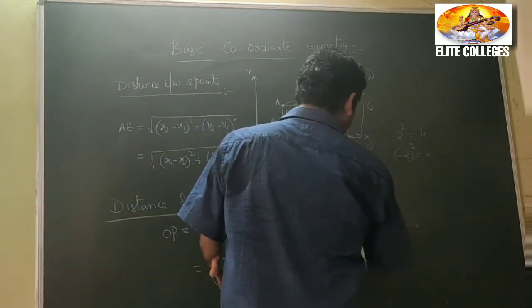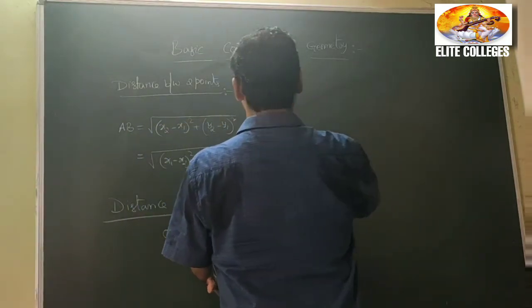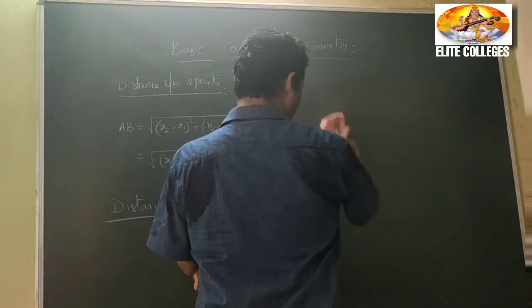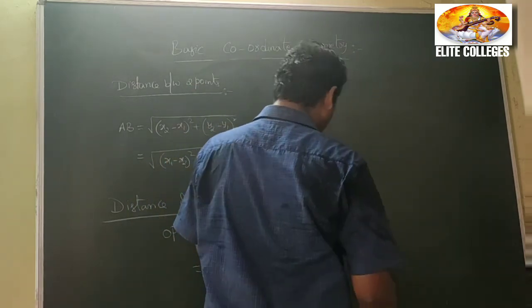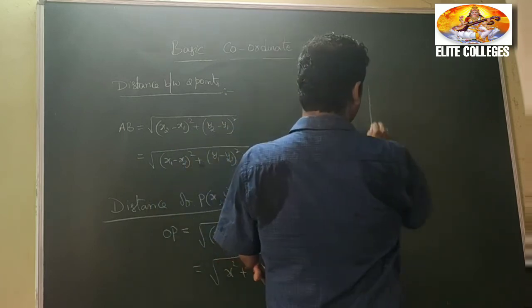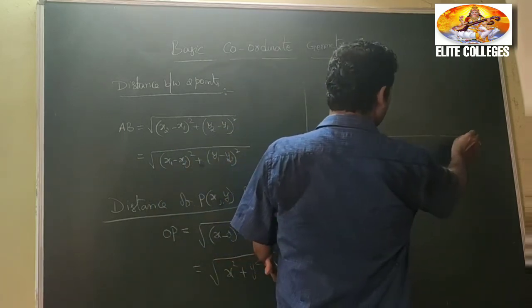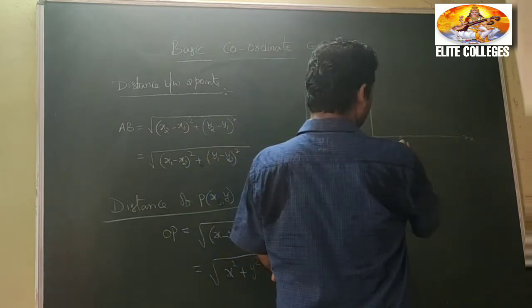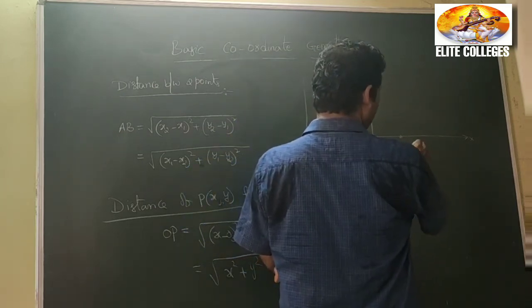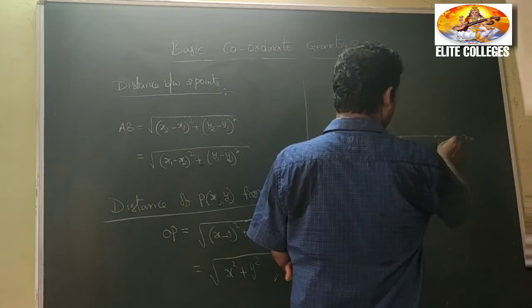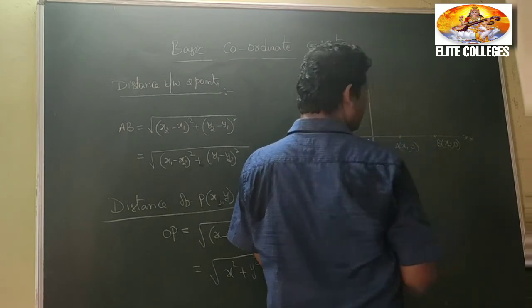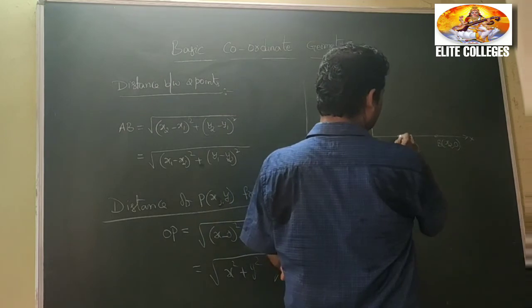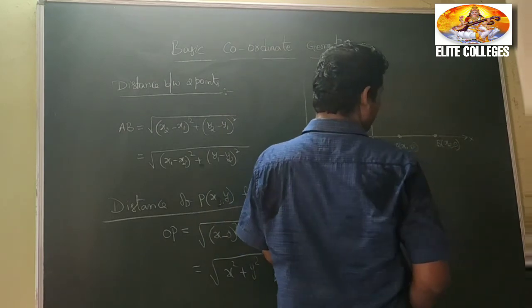And one more thing I will tell you. Suppose this is the point A of x1 comma 0 and this point B of x2 comma 0. The distance between these two, AB.